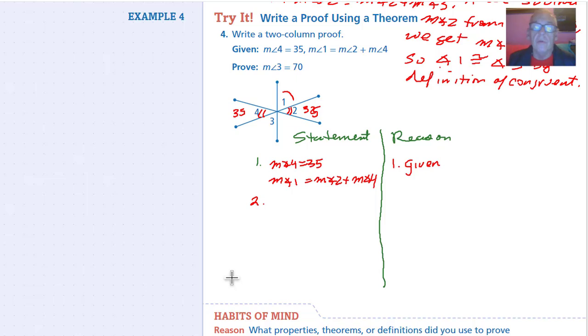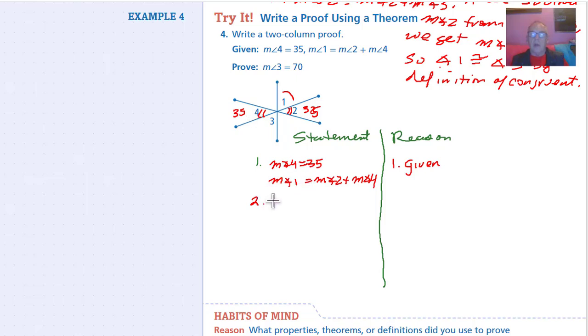So step 2. Measure angle 1, if we substitute, measure angle 1 equals measure angle 2 plus 35 degrees. Okay, now if we look at what's going on with this, we have measure angle 2 plus measure angle 4 equal to measure angle 1. Angle 2 and angle 4 are vertical angles with each other.